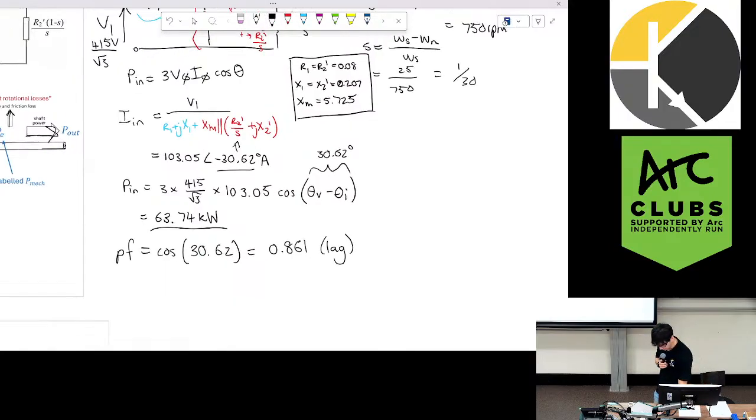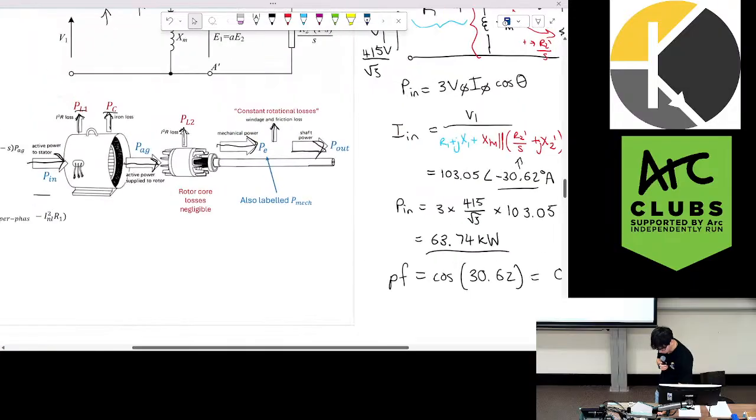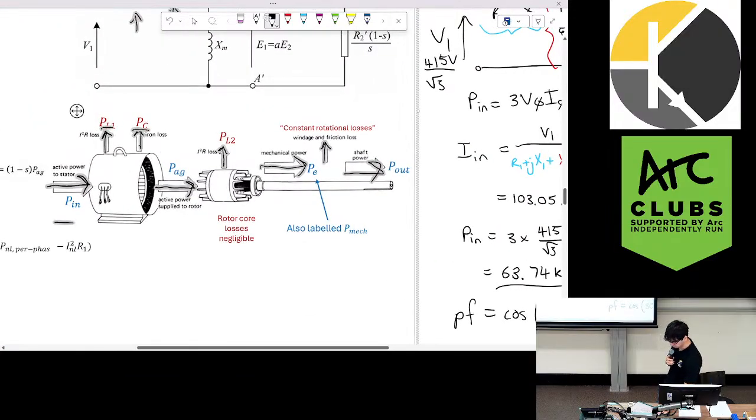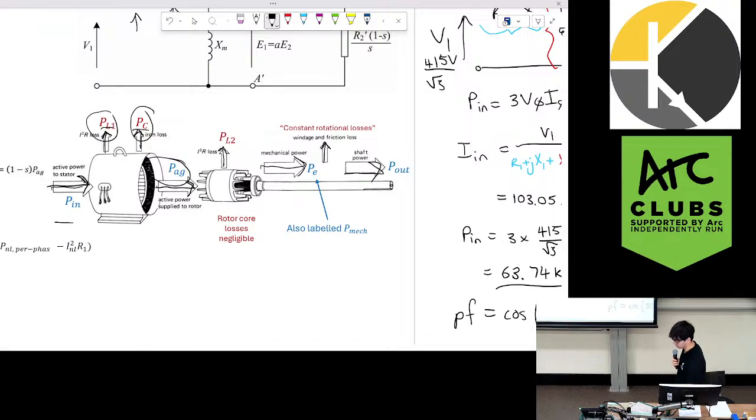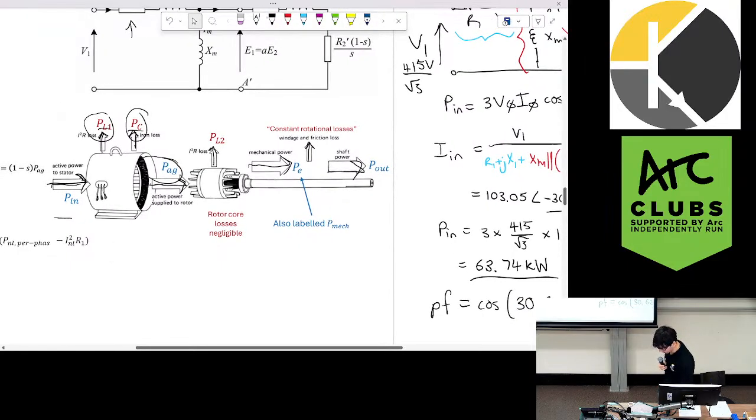Next, we are asked for the air gap power. It might be good to look through this diagram. So we found P in, and now we want to find the air gap power. To find air gap power, we need these two losses, and we need to subtract them from P in. I lied. We're not going to find this because this is negligible, and this will be accounted for in our constant losses.